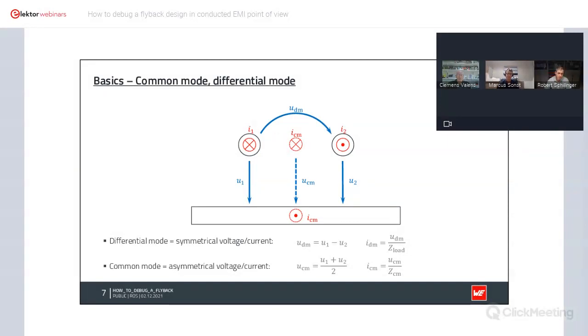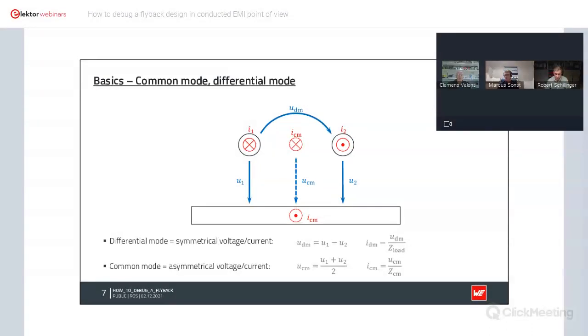A short explanation. On the left side, the current will flow from the source to the load and come back on the right side in the right conductor where I2 is written. This is a classical differential mode current, like also the DC supply current, for example.